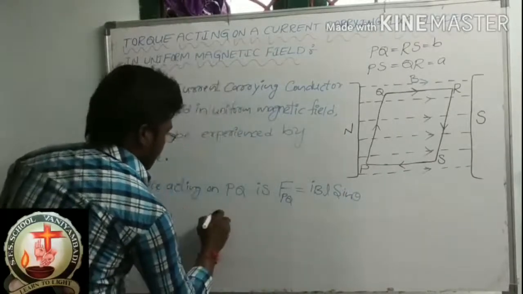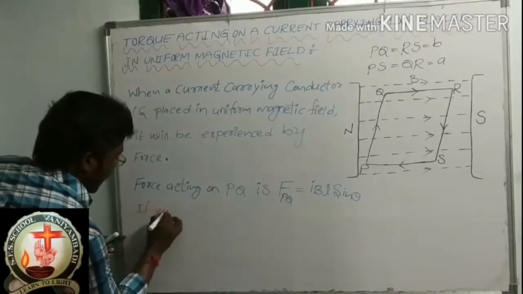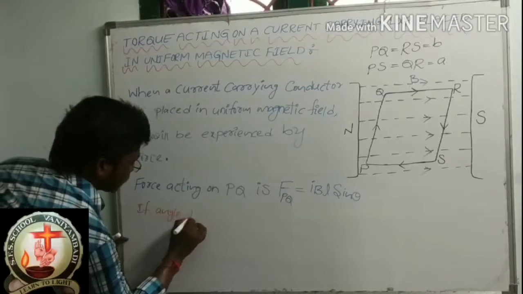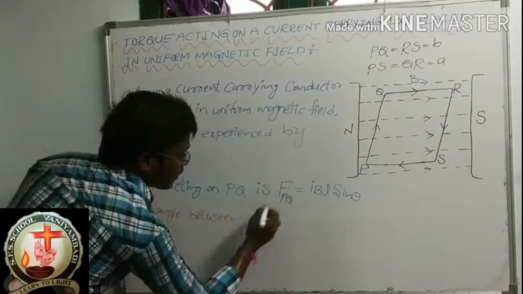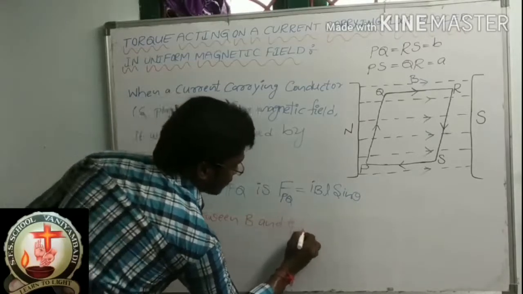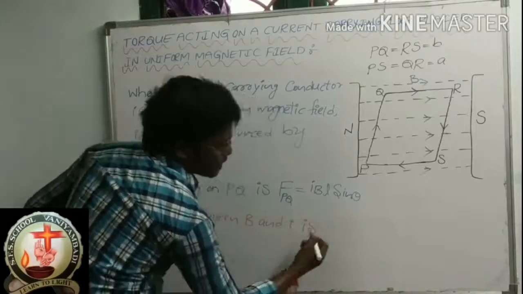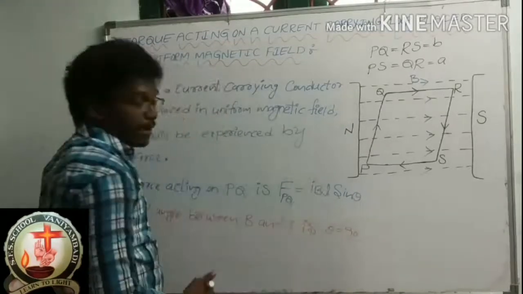If the angle between B and I is how much? 90. So theta is equal to 90. Please substitute here.